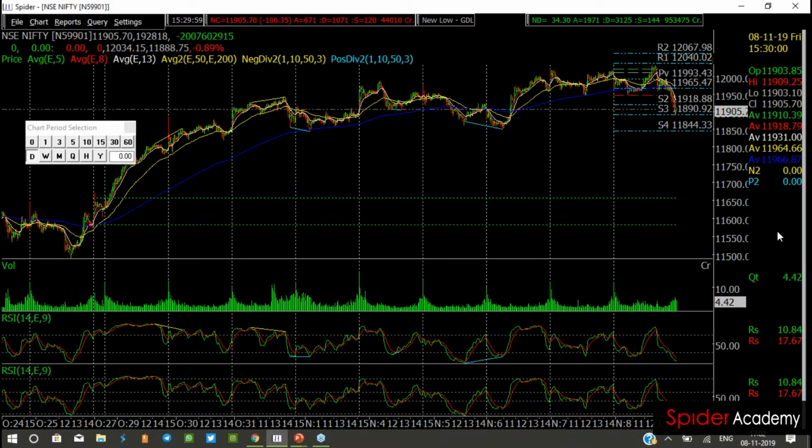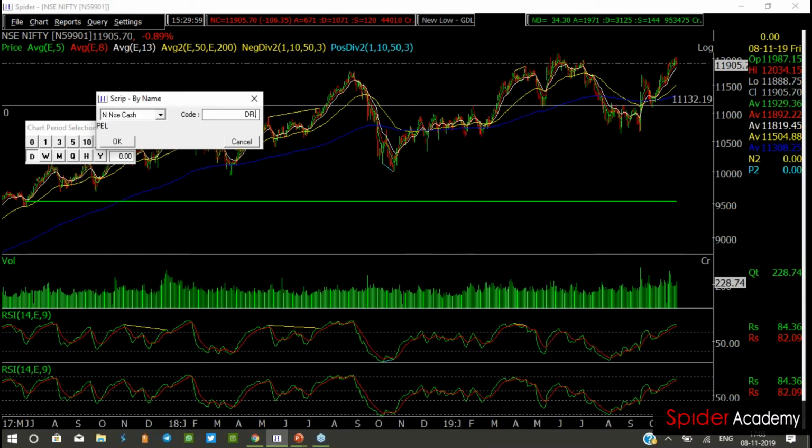All right, we'll take a couple of other examples for divergence as well. One of my favorites, which helped me make a good amount of money, was Dr. Reddy.